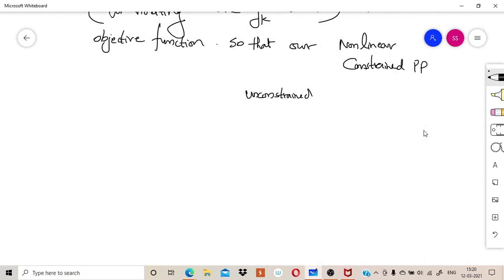After augmenting or adding, the f of x becomes another new function, denoted by phi, phi of x, rk.